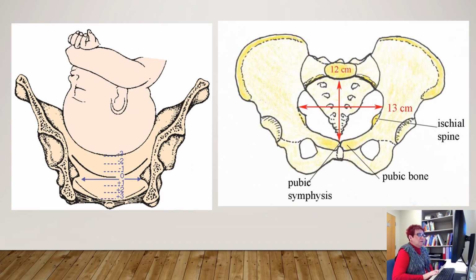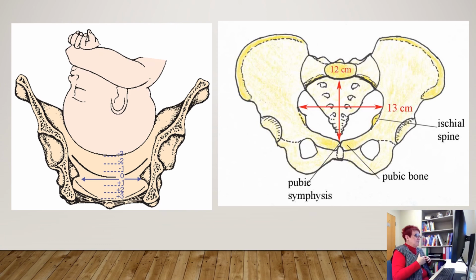Okay, so we were talking a while ago about zero station, and you see the ischial spines of the mother's pelvis is how we determine what station the presenting part is in the pelvis. If it's up high, it's a minus station. If it's at the ischial spines or below, it's a plus station. And so plus station is what we need to have in order to have a baby.